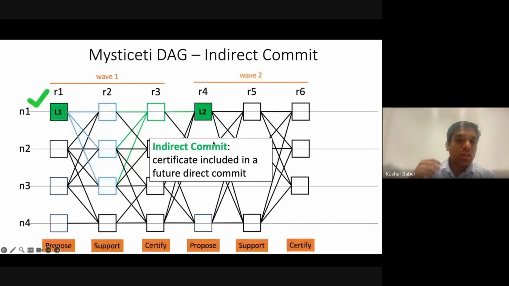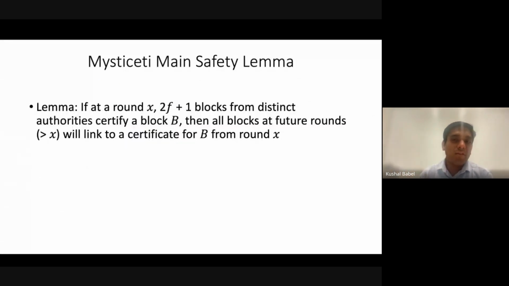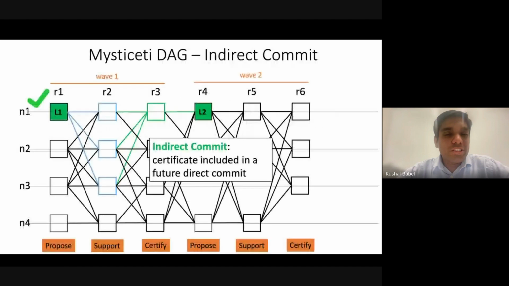And so this indirect commit rule relies on this very core lemma that we have, which is that if you have 2f+1 distinct authorities that certify a block, then any block that you commit in the future will have a certificate for L1. So you have this intuitive property that the supporting round gives you non-equivocation for this block, right?